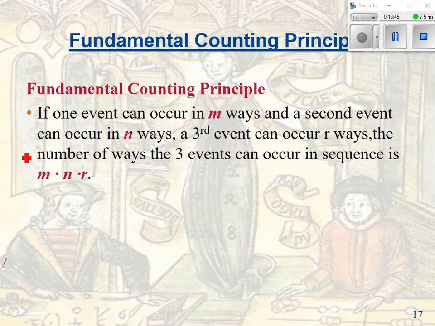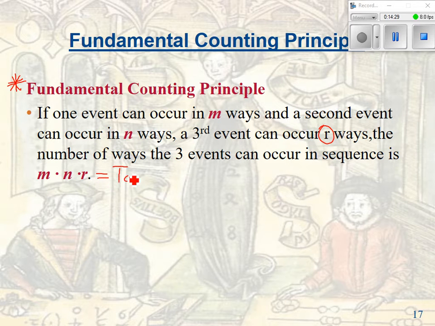Fundamental counting principle. This is very, very important. If one event can occur M ways, a second event can occur N ways, a third event can occur R ways, then instead of making a big long tree diagram or trying to find the possible outcomes, our sample space, by listing it all out, we could find the total outcomes just by doing this.